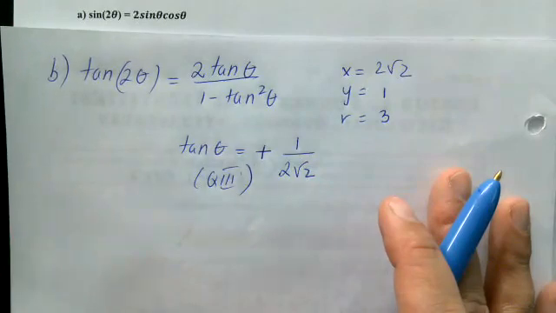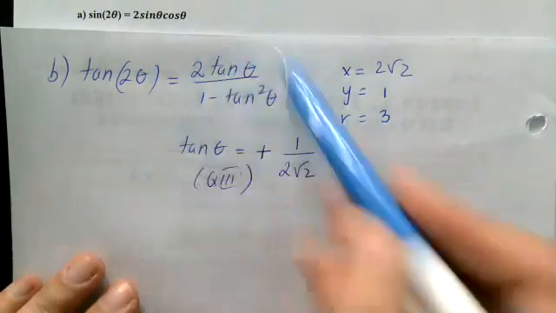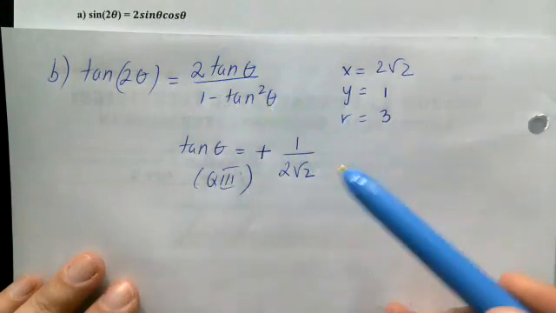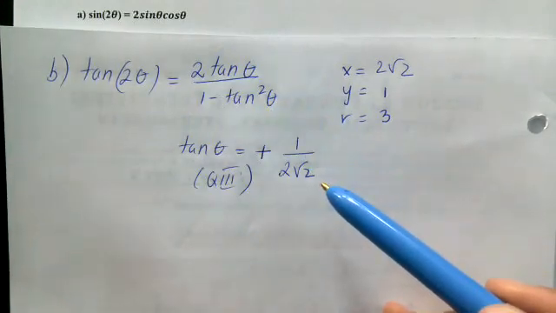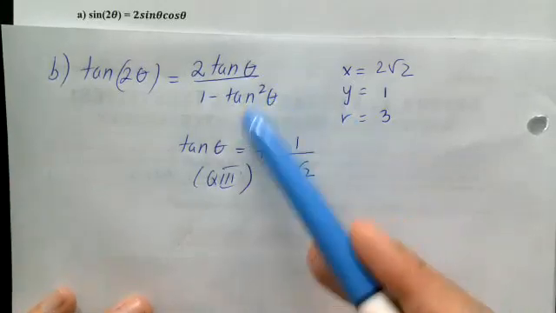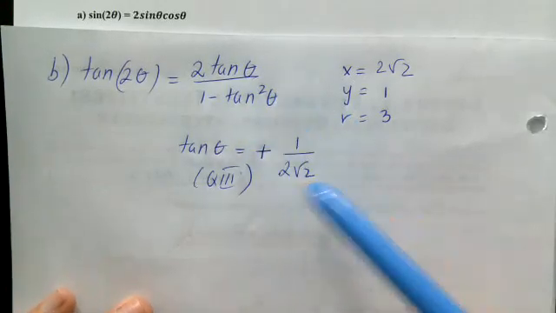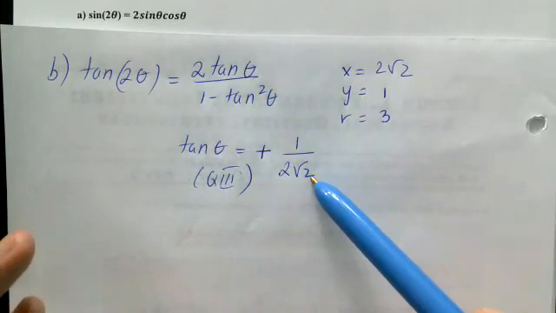Now it's really up to you if you want to rationalize this one or not. Sometimes it's easier if you rationalize and it makes the next calculation a little bit easier, but sometimes it makes it more complicated, okay? So you have to gauge it from question to question. When you do have squaring in a calculation, you'll know that the square root will disappear anyway, right?